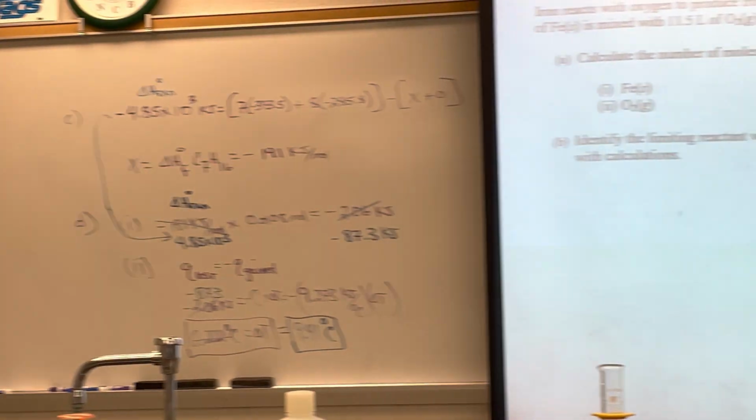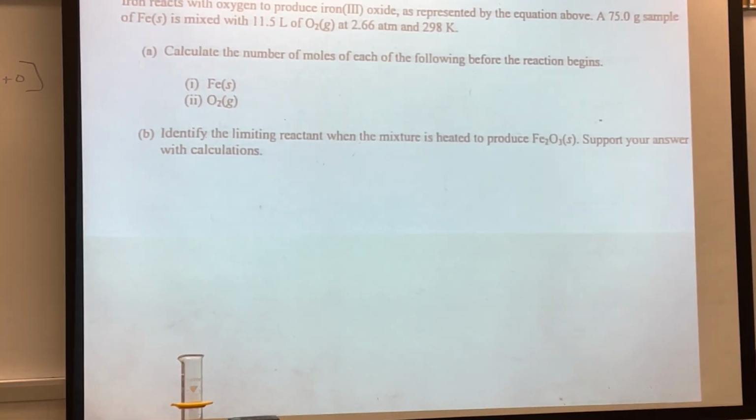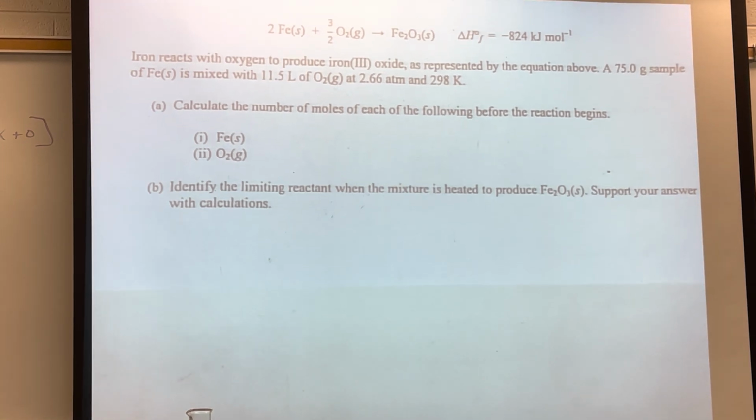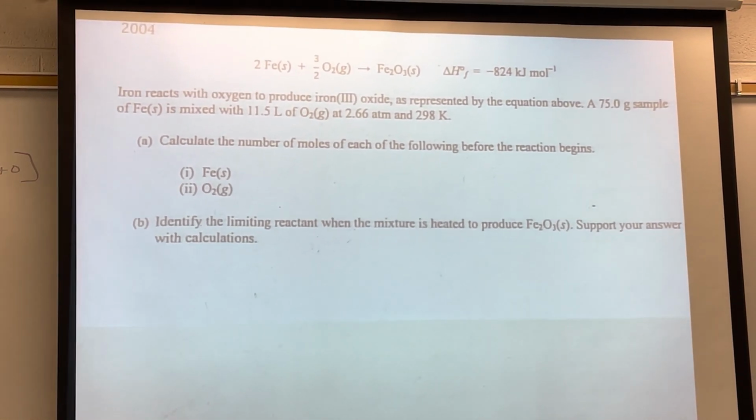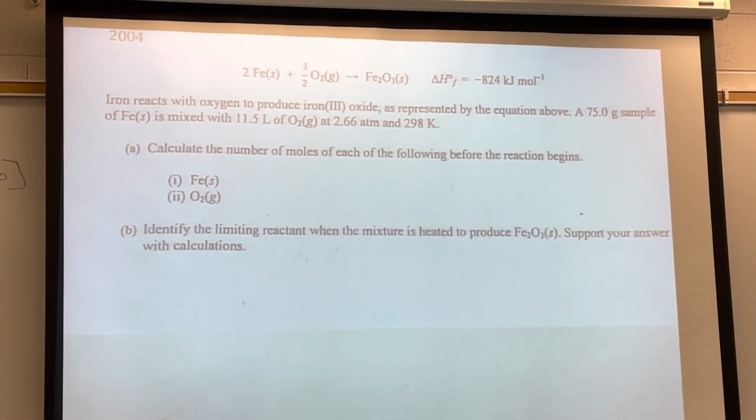Okay, so here's an old stoichiometry problem. Since we have a few minutes left here, let's just flash back. I know, we're done. This is just something I want you to do in your notes, right now. This is 2004.